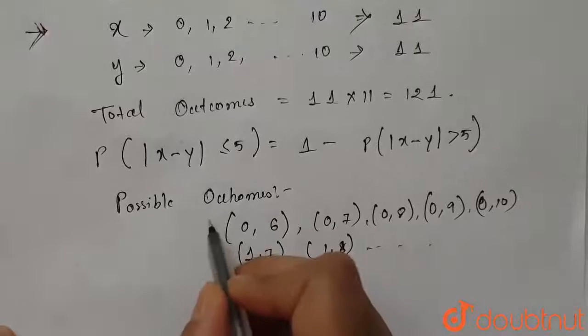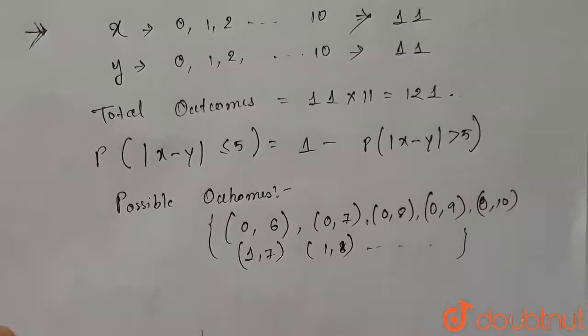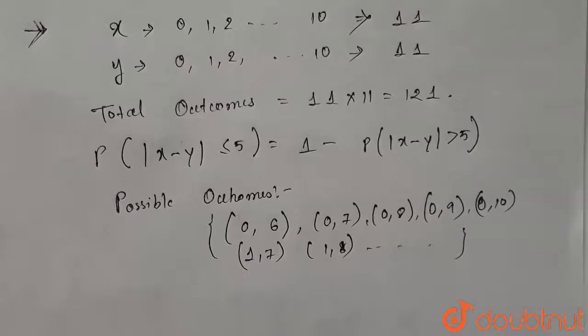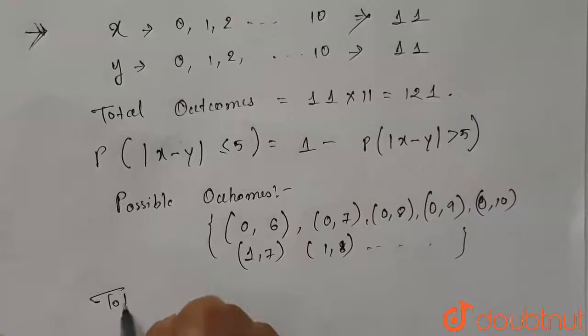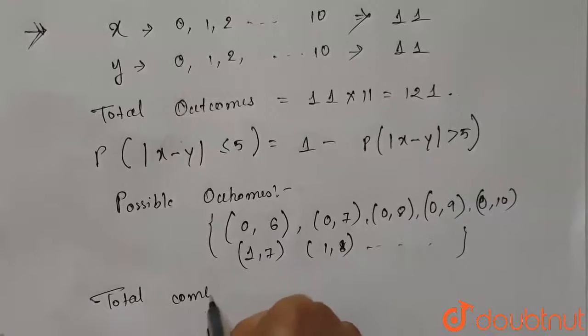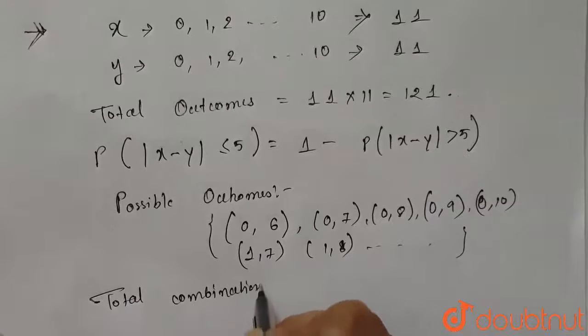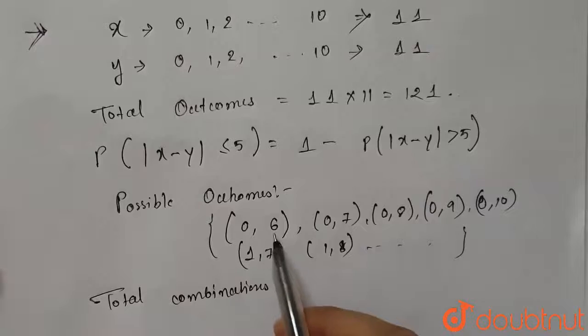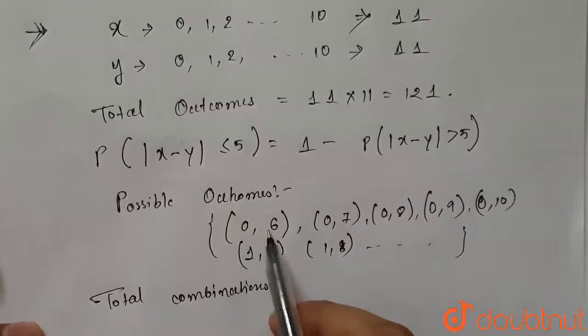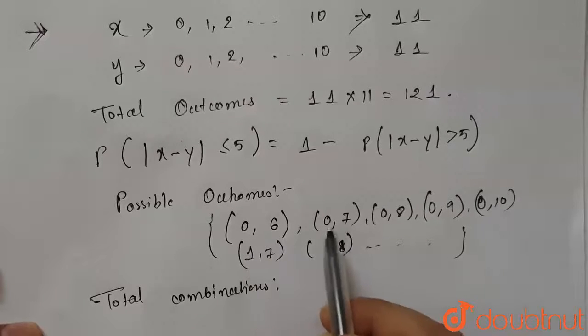From here we can see the total combinations. In this we will also get the reverse of these numbers, that is 6, 0, 7, 0.